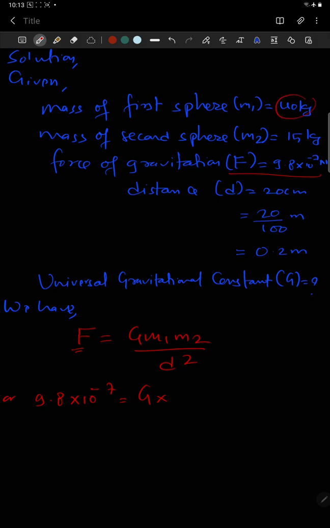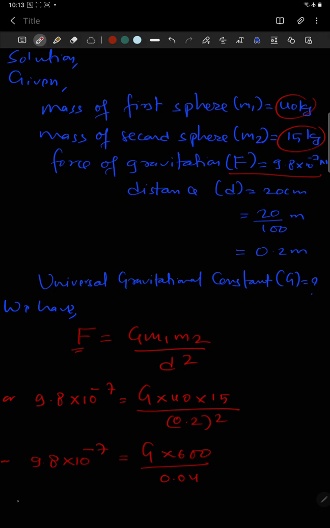M1 is 40 kg, so 40. M2 is 15 kg, so I'm writing 15 here, by the distance 0.2 square. Let us simplify it. 40 times 15 comes to 600, by 0.2 whole square, which is 0.04.